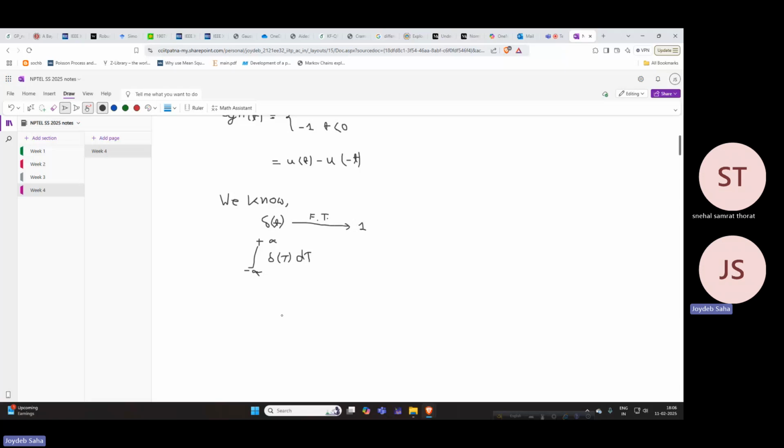Now by the integral formula we can write its F(t) will be 1 upon j omega plus pi into delta omega. How it is coming I will explain.